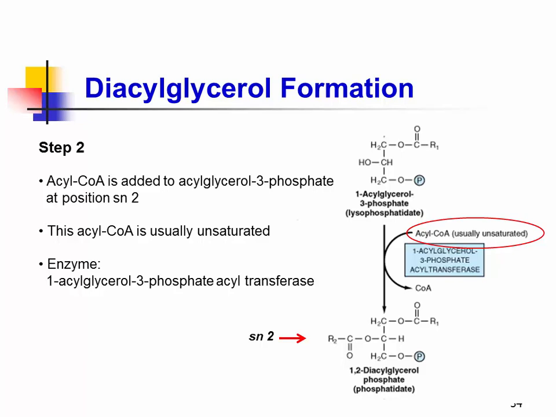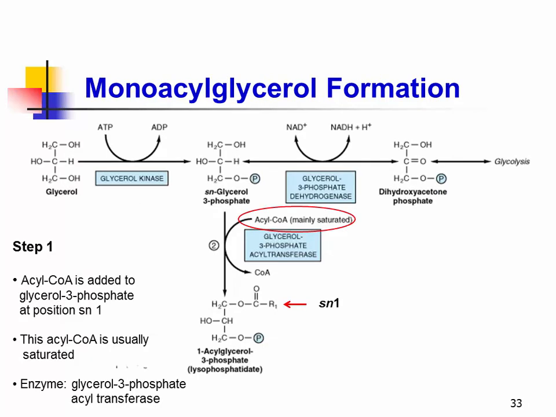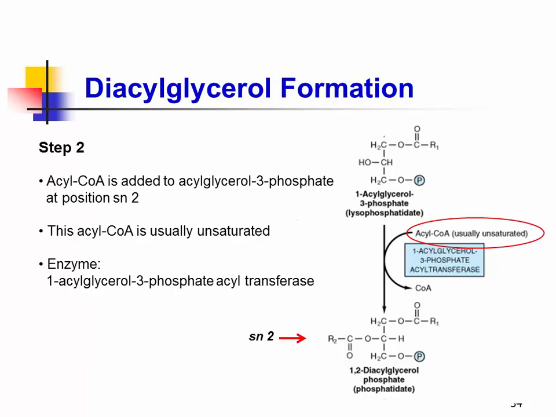Fatty acid again has to be activated to fatty acyl-CoA, and added to the SN2 position, forming the diacylglycerol phosphate. And usually the second fatty acid added to the SN2 position is an unsaturated fatty acid. The first fatty acid at the SN1 position is mostly a saturated fatty acid, and the middle one, at the SN2 position, is usually an unsaturated fatty acid.